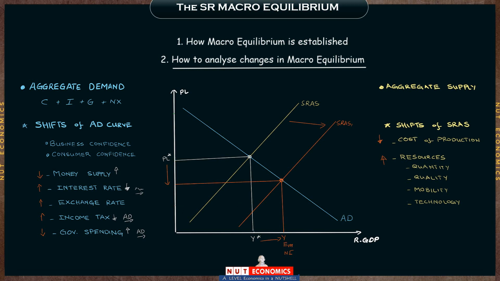And then the only other case that is left is when the macroeconomic conditions change in a way because of which the short-run aggregate supply curve decreases or shifts to the left. So maybe there is a civil war and your infrastructure gets destroyed. Maybe there is a reduction in the quality of your labor because of educated people leaving your country.